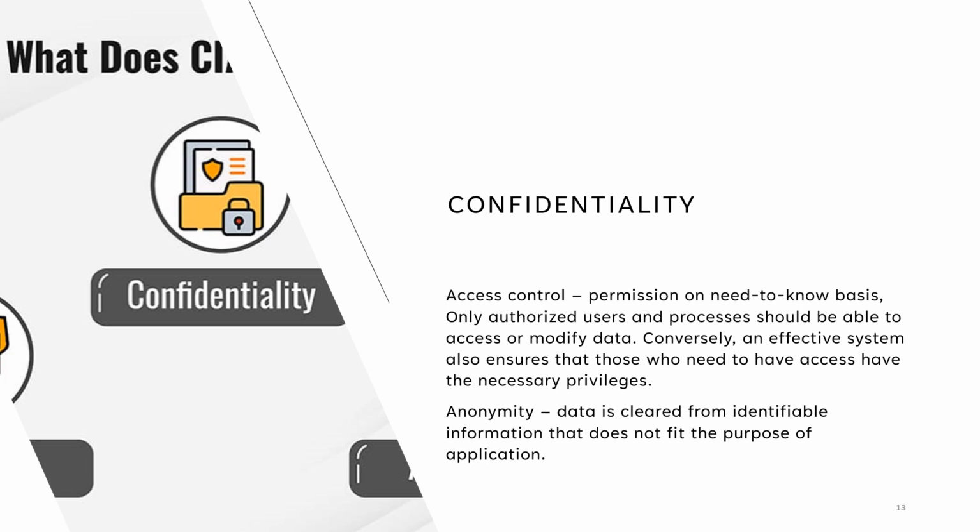Confidentiality says that only authorized users and processes, which could be an AI or a robot, should be able to access or modify data on a need-to-know basis, which kind of leads to anonymity, for example.